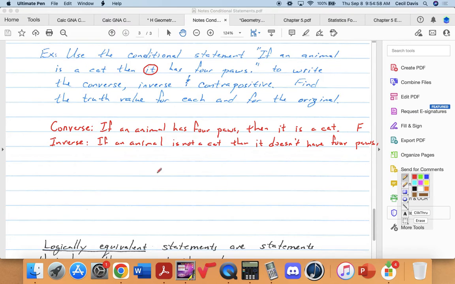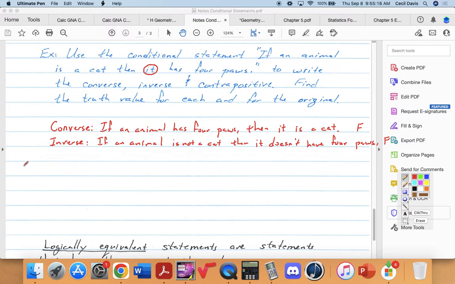Is that true or false? False. For exactly the same reasons as this one, right? If we pick a dog, it's not a cat, but it does have 4 paws.